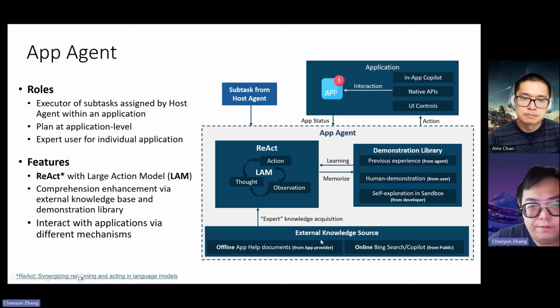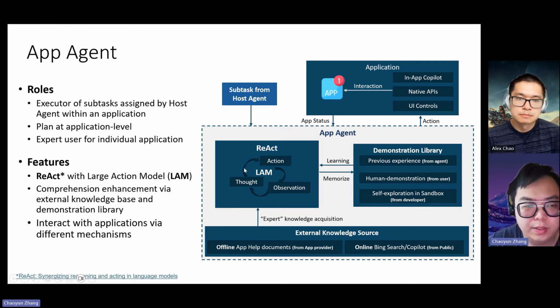The key feature of this app agent is that it can react with the large action model. So you try to observe the current state of the application, and it generates results on how to complete the current request, and you translate these results into the action, and you will do this in a recursive way.